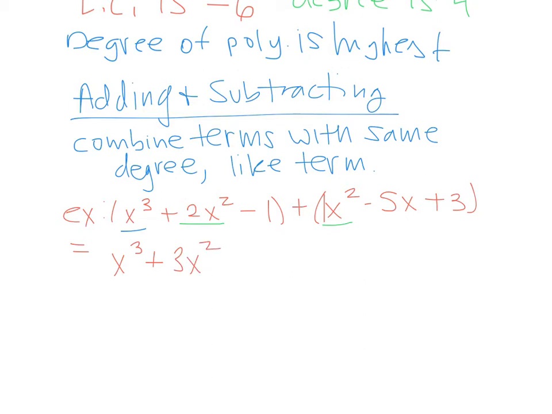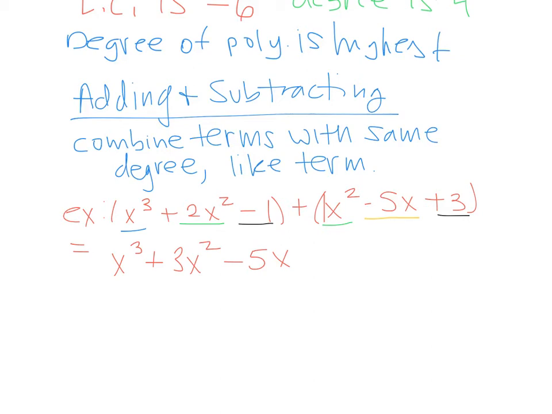Okay, then we move to the x term, and we have a minus 5x. The first polynomial has no x term, so it's just going to be a minus 5x. And then we combine the constant, the term with no variable, the term that stays the same no matter what the variable value is.